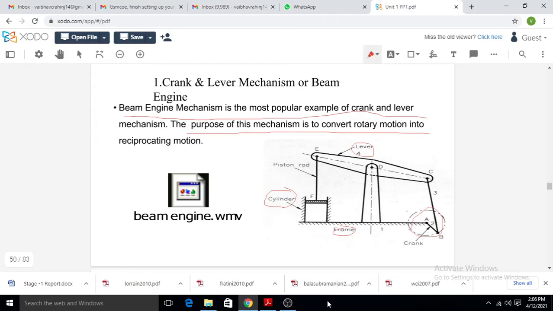When we give the input to link 2, it will rotate, and due to this rotation link 4, the lever, will oscillate about the center D. Due to the oscillatory motion of this lever, the piston will reciprocate in the cylinder. That's why this lever and crank mechanism, or beam engine mechanism, is used to convert rotary motion into reciprocating motion.